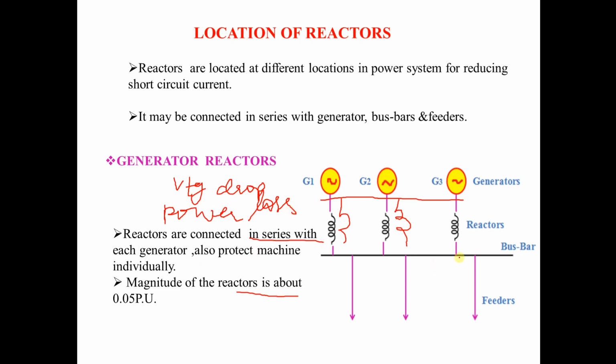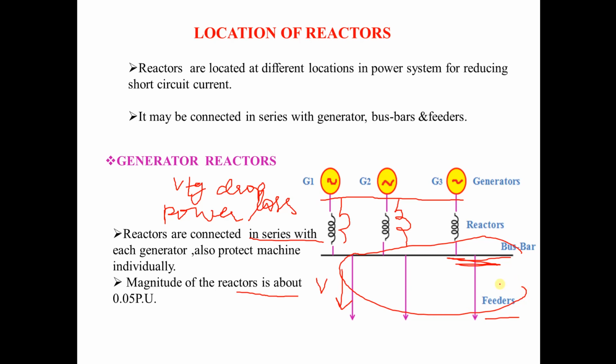If any fault occurs on a bus bar or feeder close to the bus bar, the voltage will be reduced to a low value, and due to this the generators may fall out of step. Importantly, if a fault occurs on any one of the feeders, the continuity of the supply is affected.